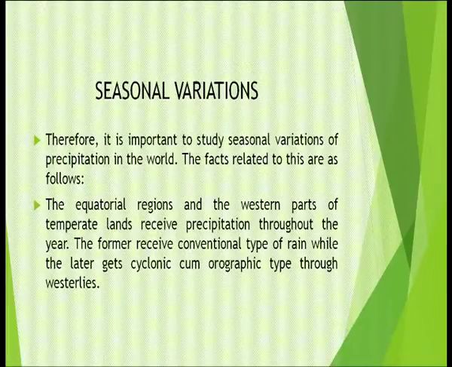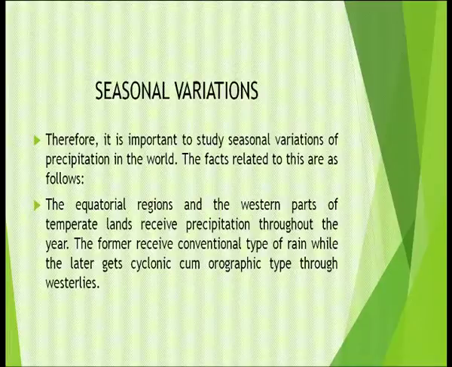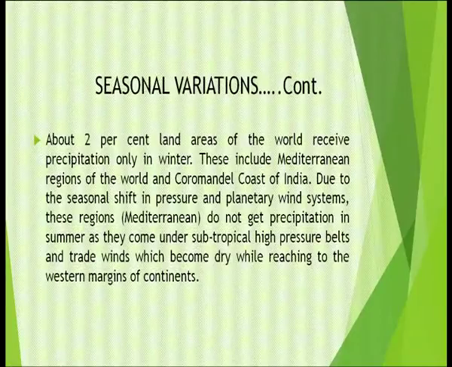The facts related to this are that the equatorial region and the western parts of the temperate land receive precipitation throughout the year. The former receive convectional type of rain, while the latter gets cyclonic cum orographic type through westerlies. About 2% of land areas of the world receive precipitation only in winter.